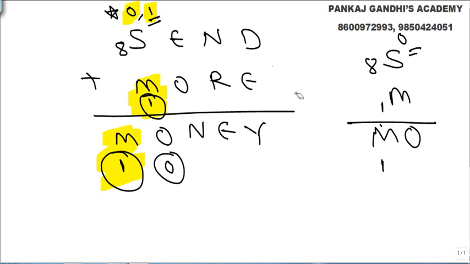So if carry forward is 0, S cannot be 8, it has to be 9, 9 plus 1, 10. So if carry forward is 1, S has to be 8 and O will be 0. If it's 0, it has to be 9. What we just studied right now is a very important thing.